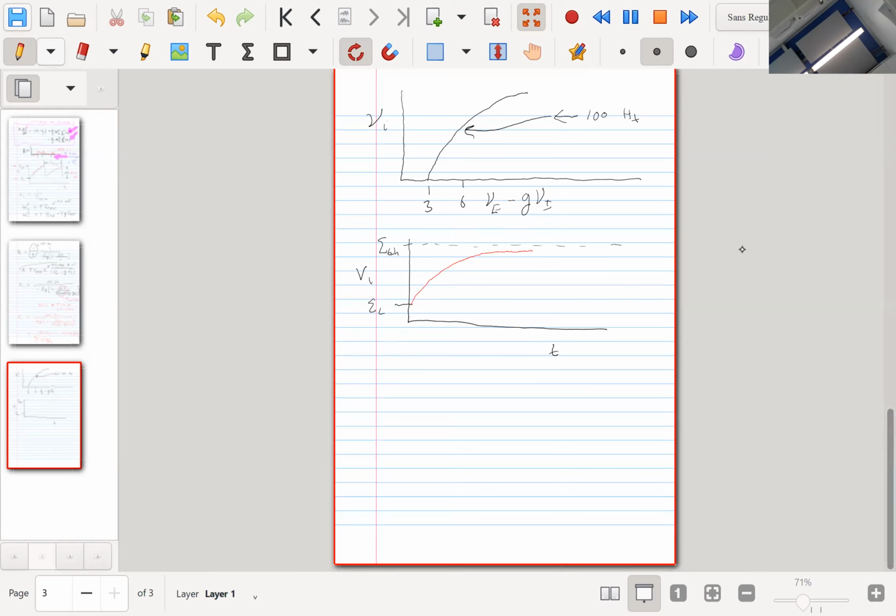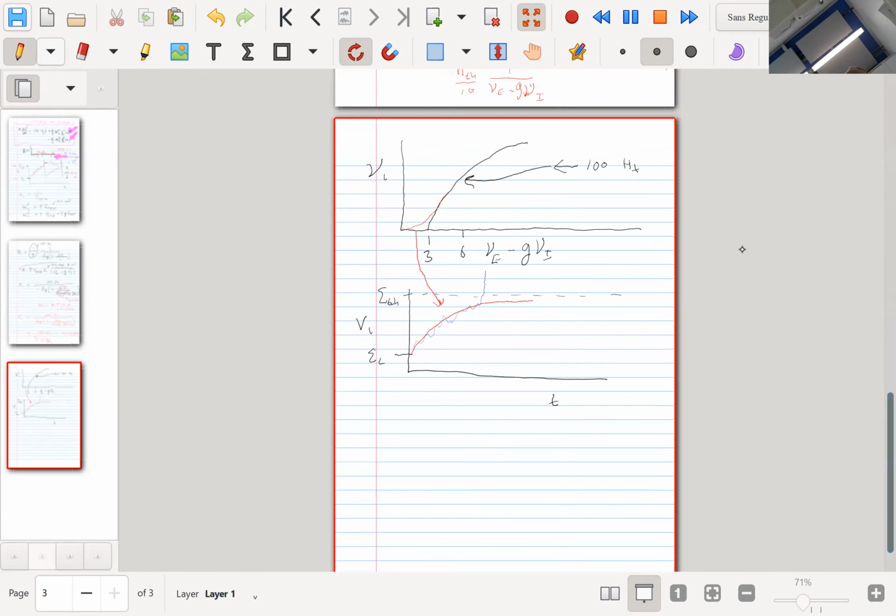So this is in the regime where nu E minus nu I is too small to make the neuron fire. But of course, in reality, there are always fluctuations. So the actual voltage is going like this, and the neuron will fire from fluctuations. All the fluctuations are going to do is take this curve and smooth it out. So this is the actual firing rate.